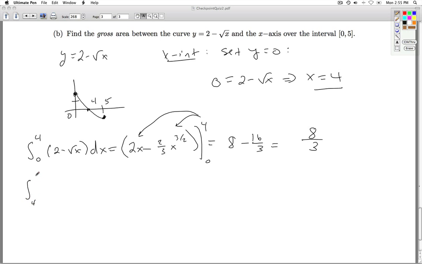Now we integrate from 4 to 5, 2 minus square root x dx. Same antiderivative as before, from 4 to 5. And we actually already know all these values.